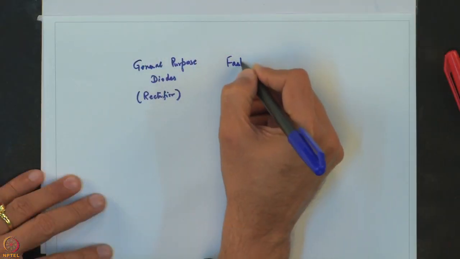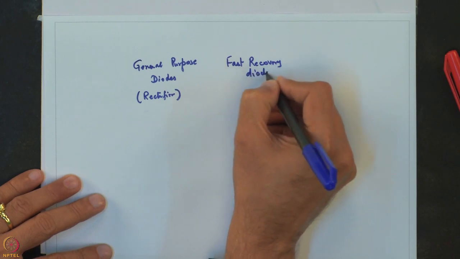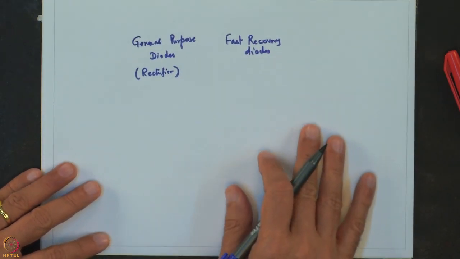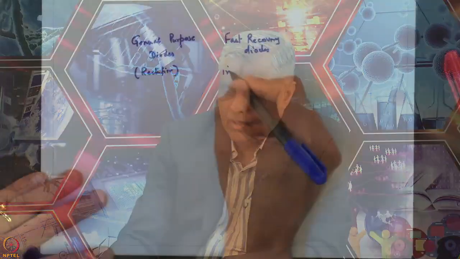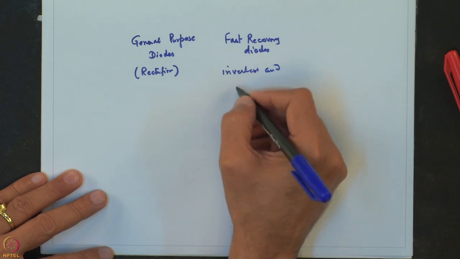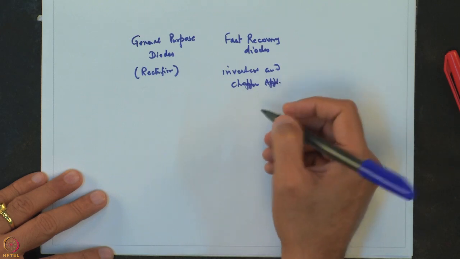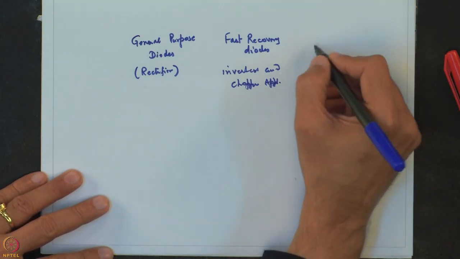The other type of diode is what is called the fast recovery diodes. These are the diodes which we want to switch fast, and therefore we expect their TRR to be very low or extremely low. These are typically used for inverters and DC to DC converters or chopper applications. And the third type are the Schottky diodes.